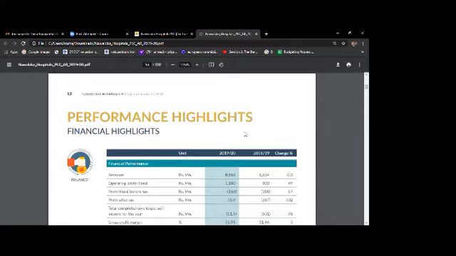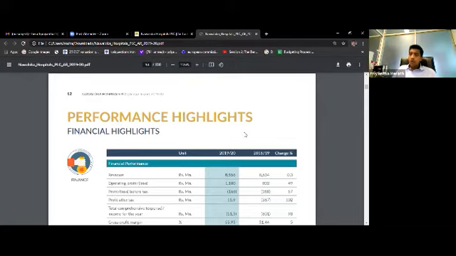Performance highlights. Before going through the financial statements, as a reader, you need to get the overall picture of the organization. That's why they provide a lot of information about the subsidiary companies, the number of subsidiaries, whether they are 100% owned, how many companies the group includes, and their operations and volumes.